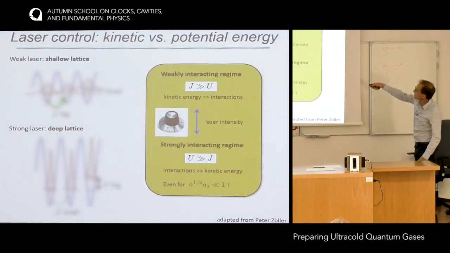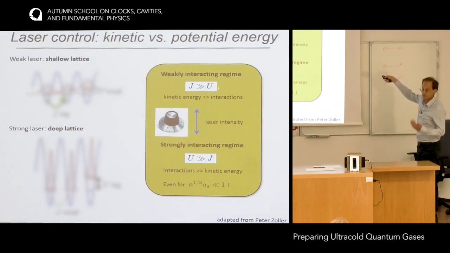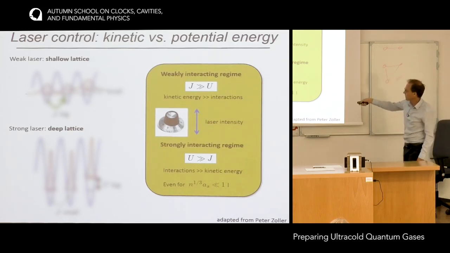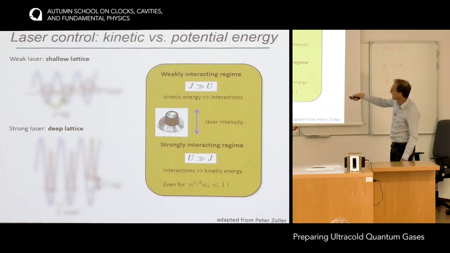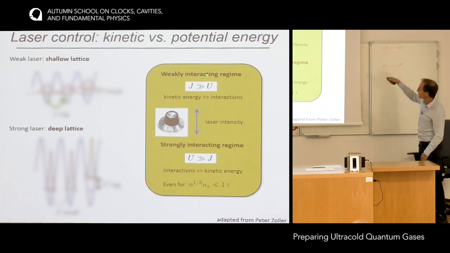So you go here from a regime where you have lots of kinetic energy and very little interaction energy, which is called the weakly interacting regime, which is kind of the trivial regime, the easy to describe one, into the strongly interacting regime where the interaction energy U vastly is bigger than the kinetic energy described by this tunnel matrix element J. So we have here a phase transition between two different regimes.